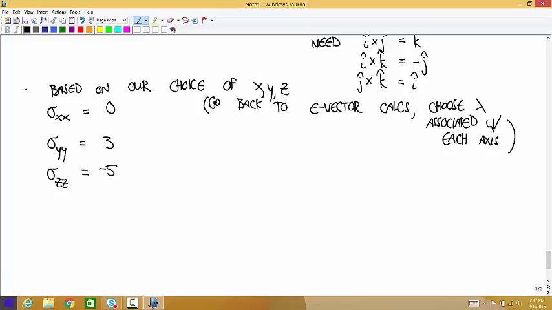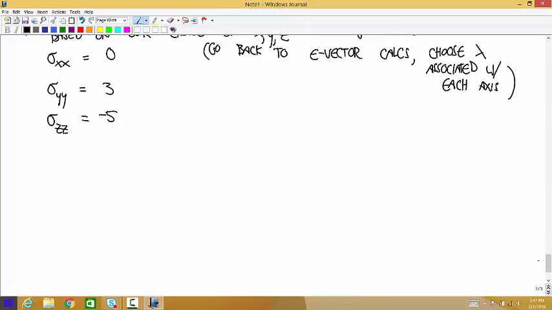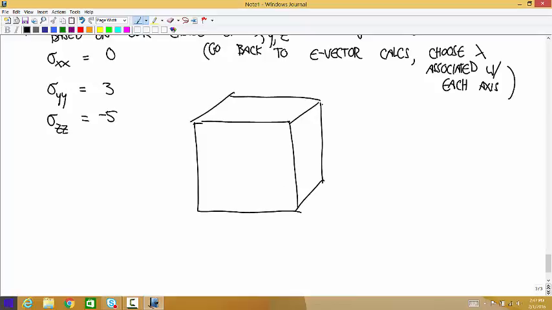Okay, so I want to do one more thing. I want to draw the stress cube associated with this. And you'll see that all these random numbers make sense with what we had before. So here's our stress element. Our coordinate system has y that way, x that way, and z down.